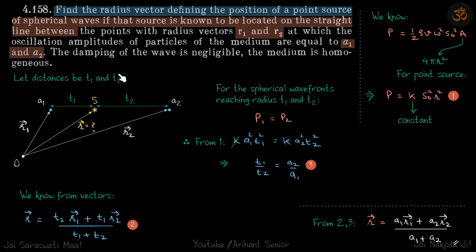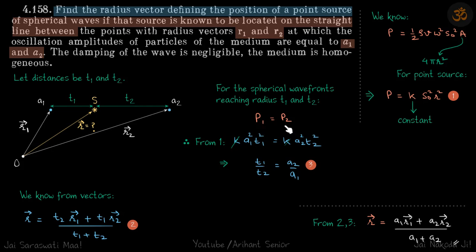So that same wavefront, when it reaches at a distance t2, the power crossing through will be k times a2 square into t2 square. Now there's no damping, so whatever power is reaching this spherical wavefront, same power is reaching this bigger spherical wavefront.